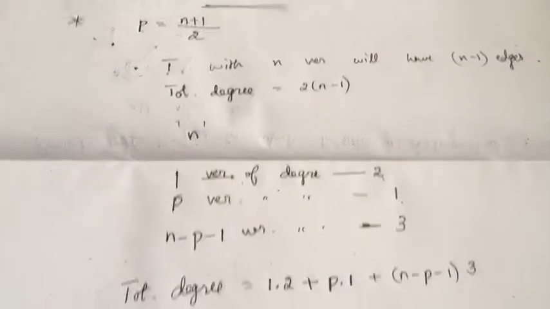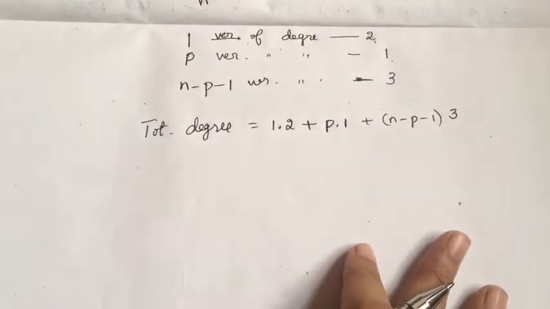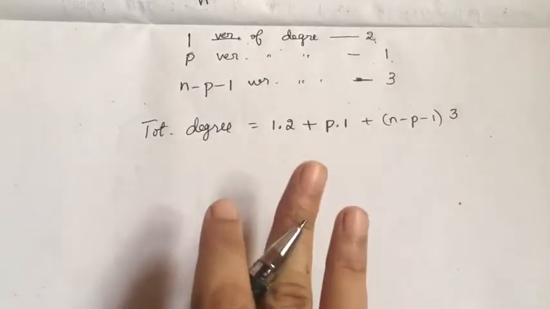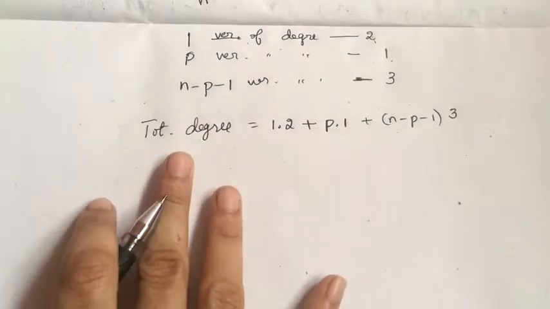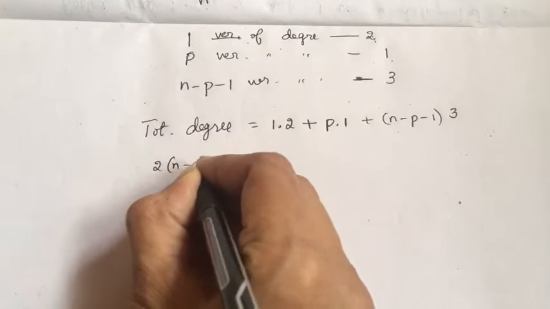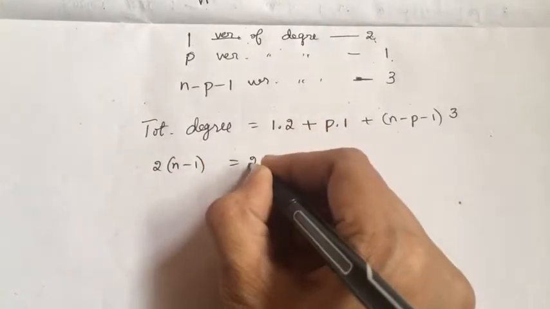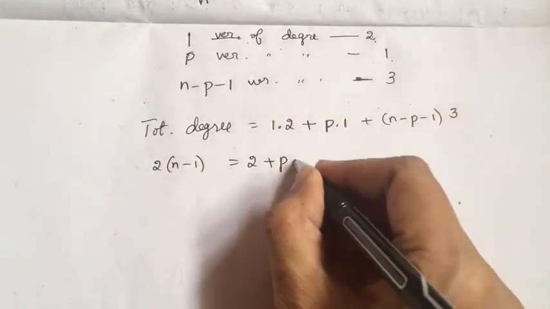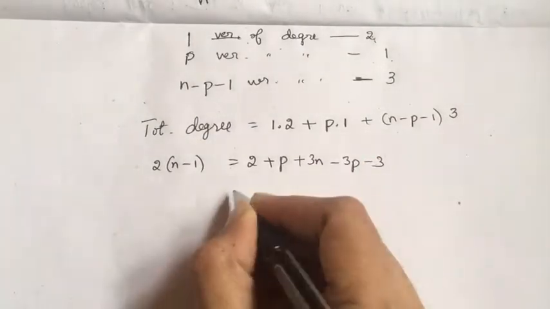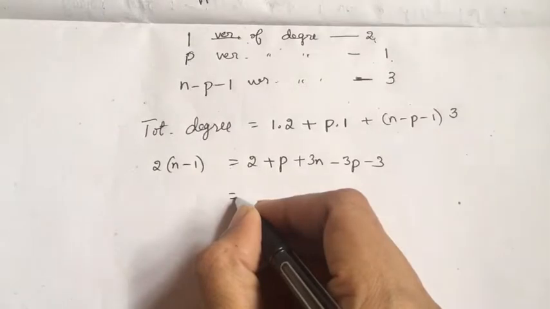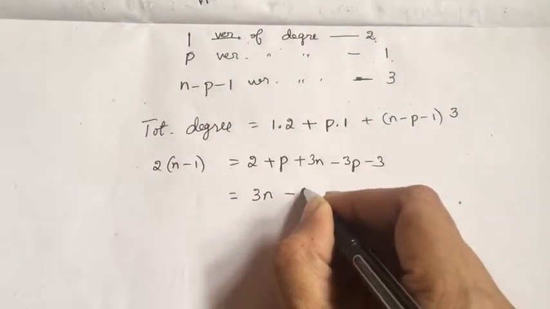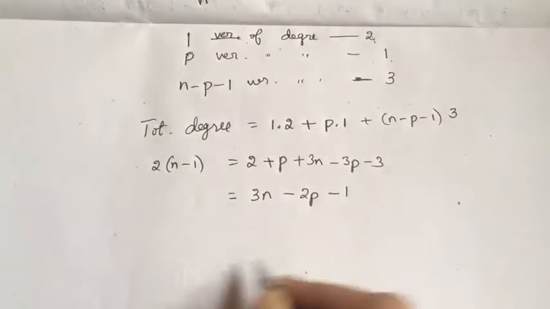What is the total degree? I have already considered it: a tree with n vertices will have n minus 1 edges, so the total degree is 2 into n minus 1. So 2 into n minus 1 equals 2 plus p plus 3n minus 3p minus 3, which is 3n minus 2p minus 1.